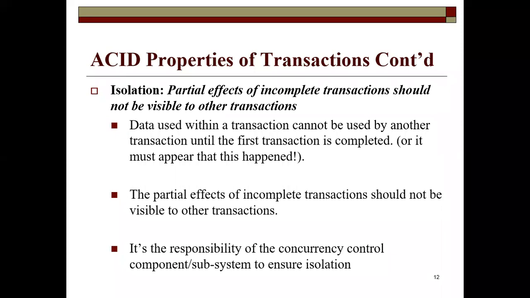And that simply means you have to have a strategy that when we have more than one transaction taking place, what kind of control can we put in place to avoid this kind of violation of isolation? And so it's the responsibility of the concurrency control component of a DBMS, and that is usually the scheduler.